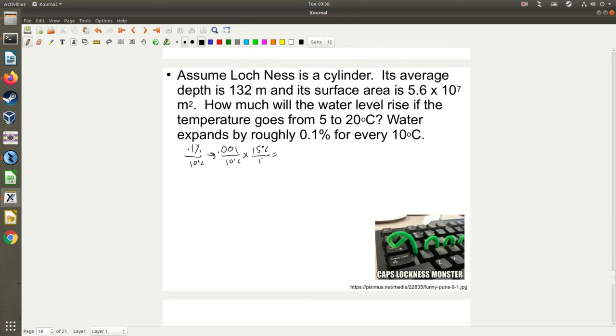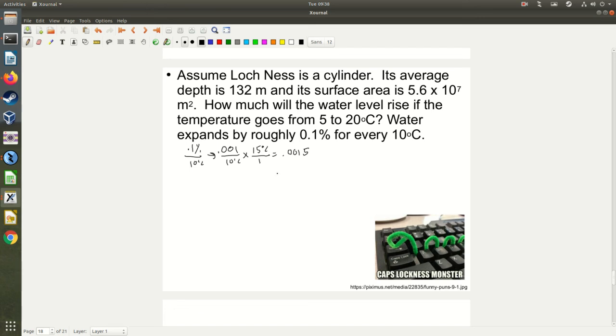So when I take 0.001 times 15, then divided by 10, I get 0.0015. This isn't a percent change, but I can figure out how much that's going to act on the actual volume to see the volumetric change.